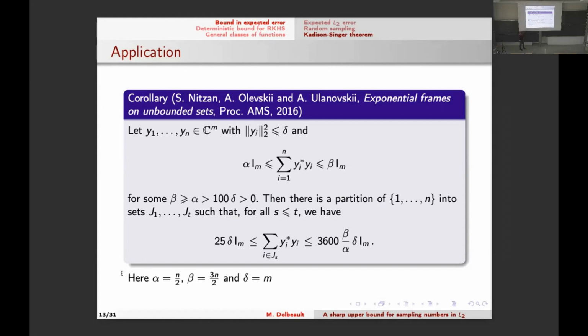And here I got a more general result telling me that I can divide my sample points x1 to xn into t sets, such that each one is close to the identity up to constants. The constants are a bit ugly, but that's not a problem.